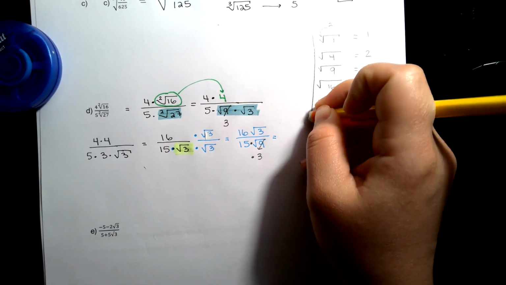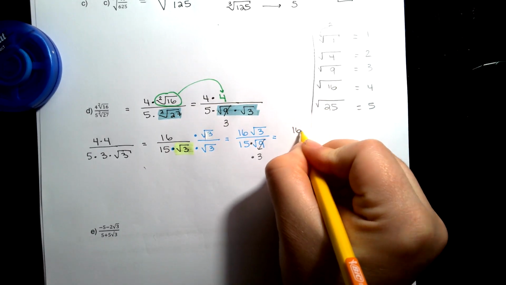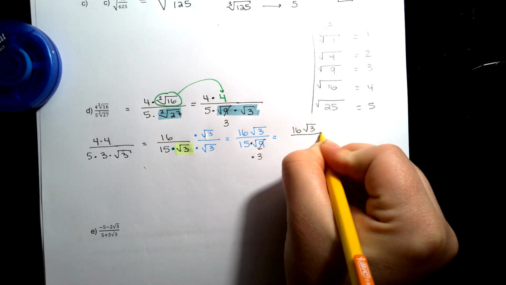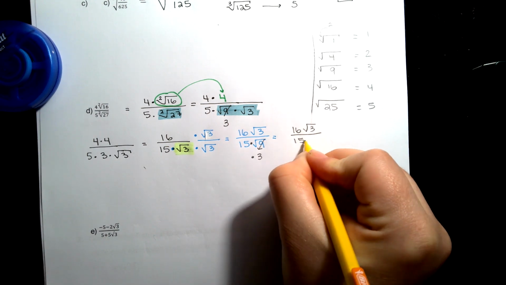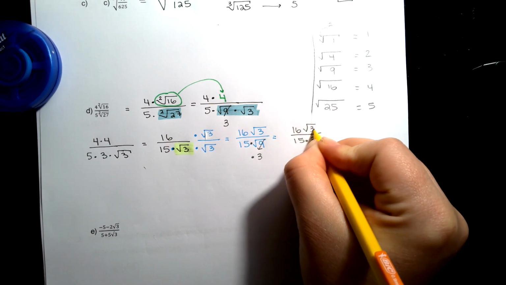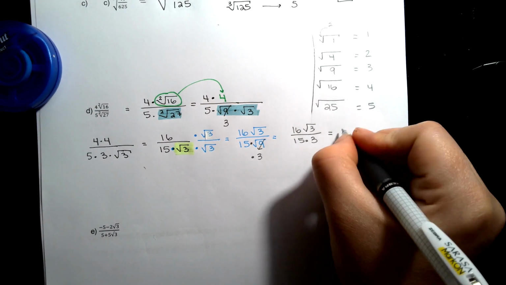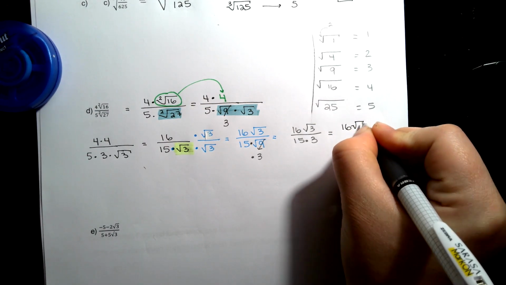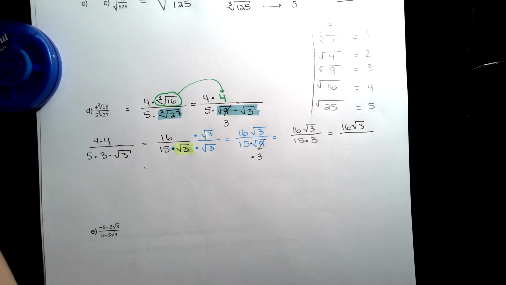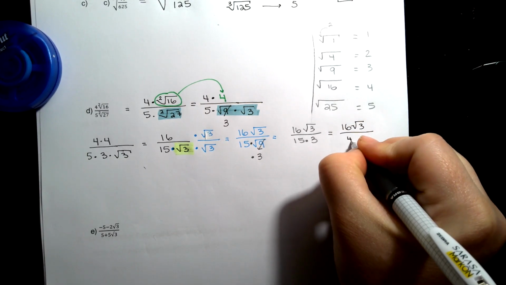Keep going. We have 16 times the square root of 3 over 15 times 3. This is inside of the house. This is outside of the house. So no, you cannot simplify those. So we have 16 square root of 3. 15 times 3 is 45.